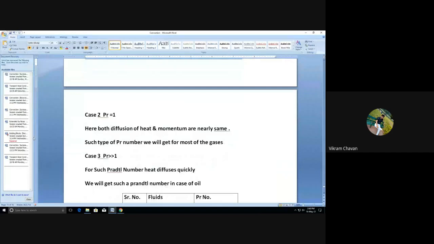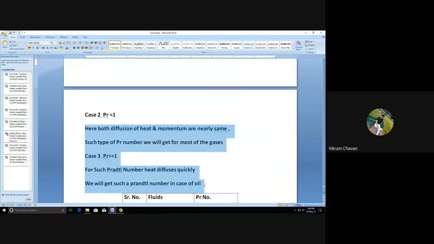Then case number 2, Prandtl number is equal to 1. Here, both diffusion of heat and momentum are nearly the same.